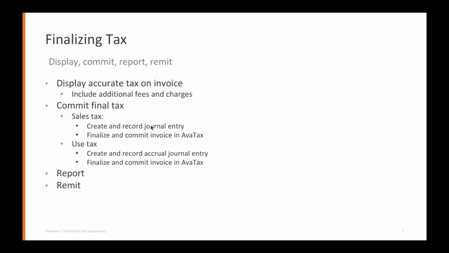So you'll want to create the journal entries appropriately, identifying the separation between what I'm actually going to pay and remit to my supplier versus the amount of use tax that I am self-assessing and accruing that I will remit separately to the taxing authority.